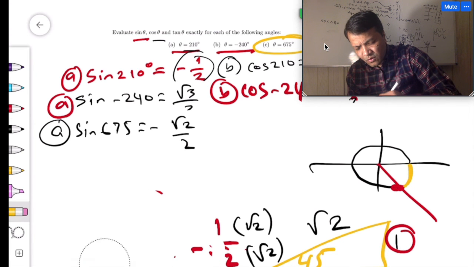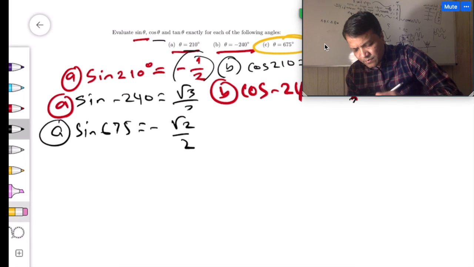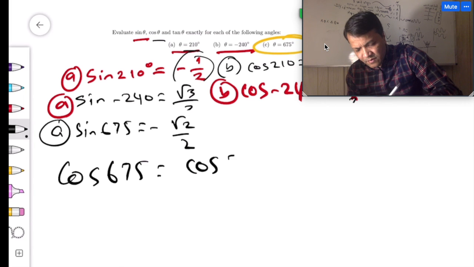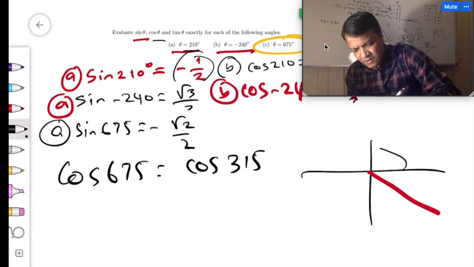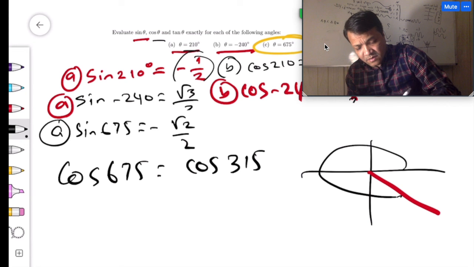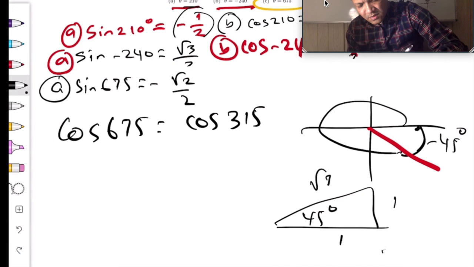Now we're going to find cosine 675. So cosine 675 is equal to cosine 315. This is 315 degrees, so this must be negative 45 degrees clockwise from here. So again, this is 45 degrees. So this is 1, this is 1, this is square root of 2.